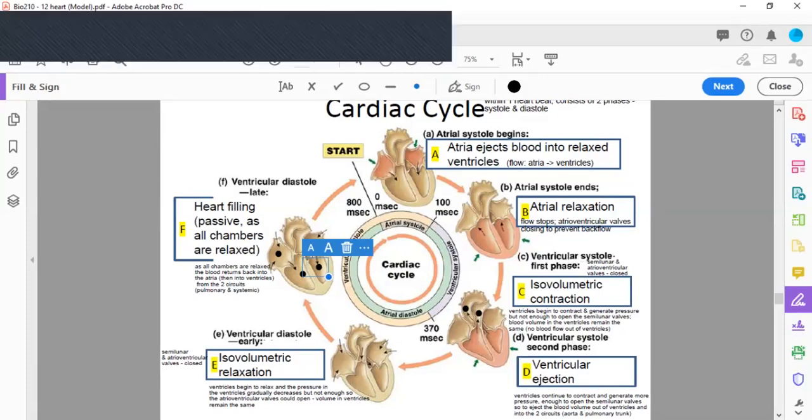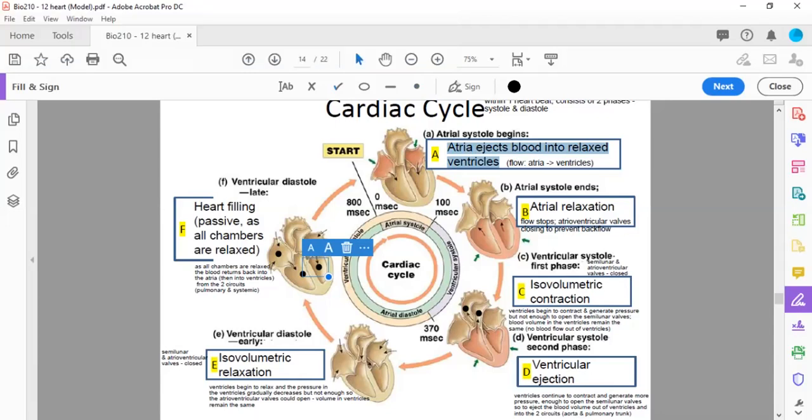So this represents the cardiac cycle. On the exam, I'm going to have this image for you guys, and it's going to be a matching type of question. What you see in the box that says atria ejects blood into relaxed ventricles, I'm going to ask you to match with what I have as A, B, C, and so on.